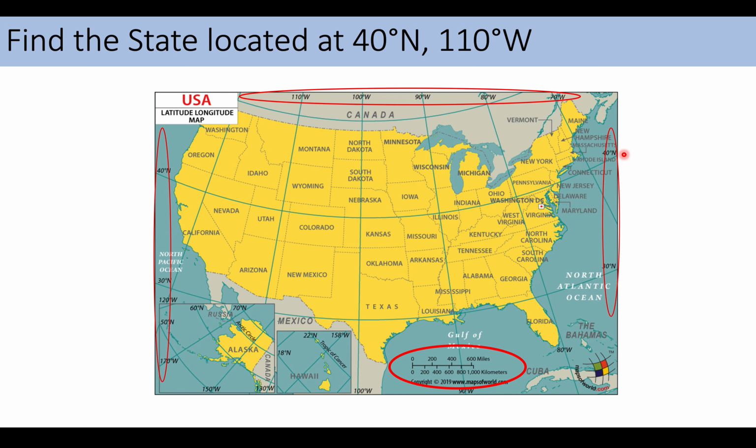It's 110 degrees west. So then you want to find where that 40 degrees north intersects the 110 degrees west line. So we would be located in Utah at 40 degrees north, 110 west. If I had said 40 degrees north, 80 west, we would be right here in Pennsylvania, on that 80 west intersection with that 40 degrees north line.